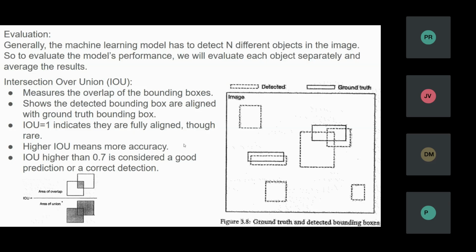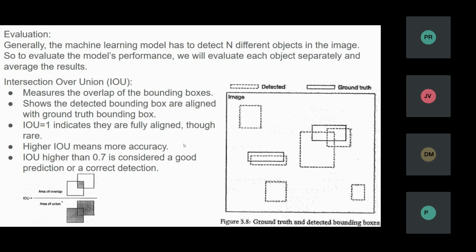As you can see in the image on the right side, we have dotted boxes, which are the predictions made by the model, and we have the ground truth with the continuous line. We can see that the model has made six total predictions, out of which three are lying on the ground truth values.